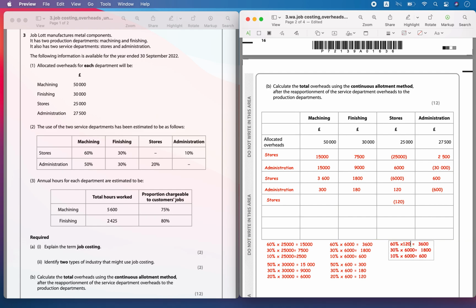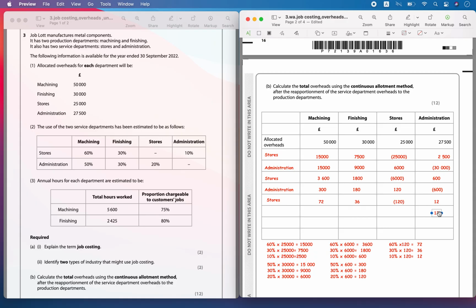So 60 percentage of 120 will become 72 pounds, and then 30 percentage of 120 is going to be 36 pounds, and then 10 percentage of 120 is going to be equal to 12 pounds.